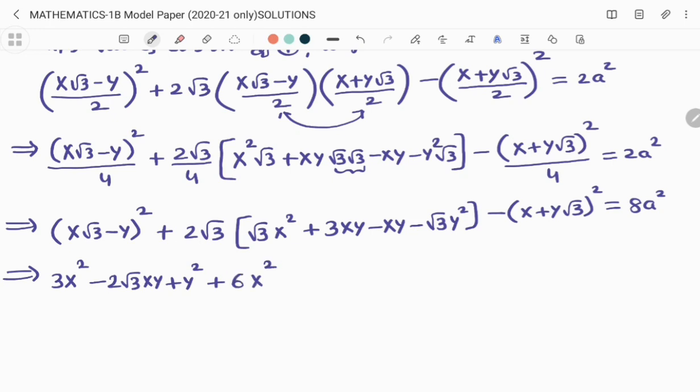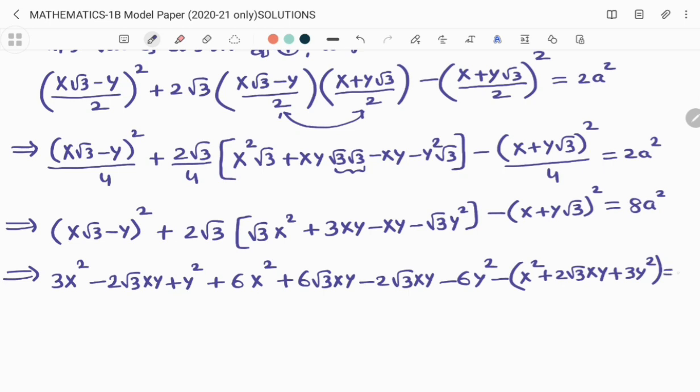Next 2 root 3 into 3xy, plus 6 root 3 xy, minus 2 root 3 xy. I am not simplifying, directly I am writing. Minus 2 root 3 into root 3, root 3 into root 3 is 3, 6y square. Minus, keep bracket and expand (a plus b) whole square: x square plus 2 root 3 into xy plus root 3 whole square is 3 into y square, is equal to 8a square.